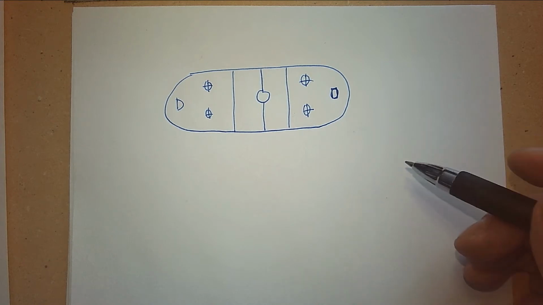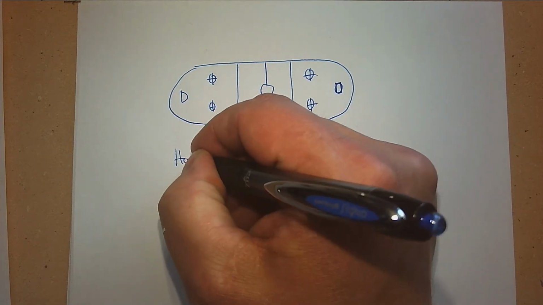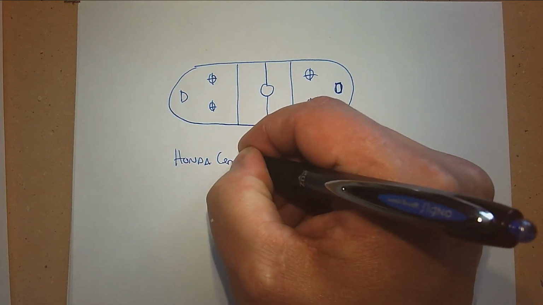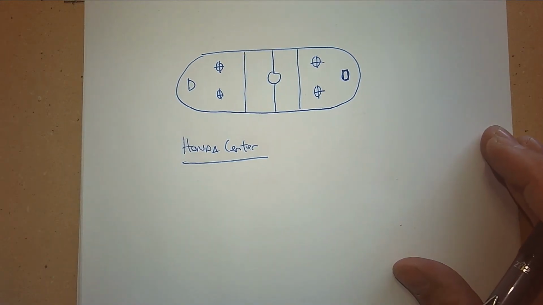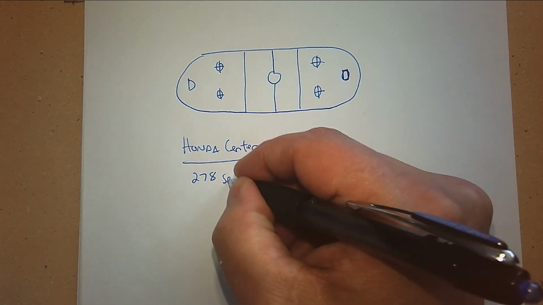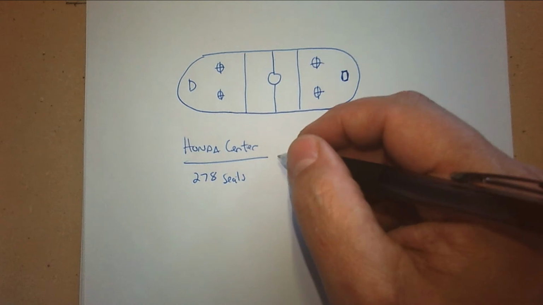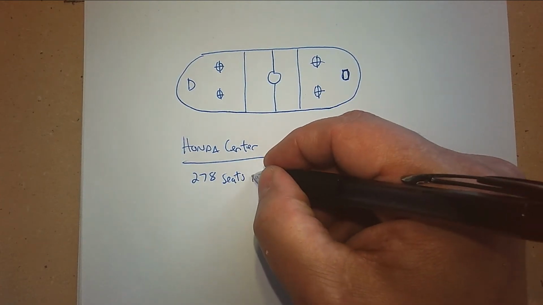I'm going to do that work for you. So I looked at two arenas for you. One is called the Honda Center. The Honda Center is where the Ducks play out of. That's in Anaheim. When I counted all the seats around there, when I went all the way around the first row, I counted 278.